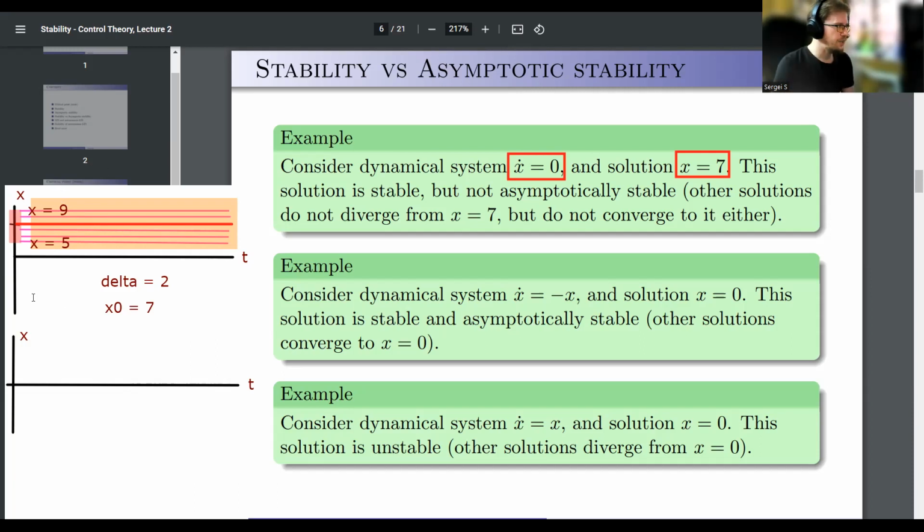If we pick epsilon equal to, let's say, 3, then this orange region, just a little bigger than the pink region, nothing will escape from. So we pick delta equal to 2, and we found that if epsilon is equal to 3, then the condition for stability is satisfied. Nothing from the pink region escapes the orange region.